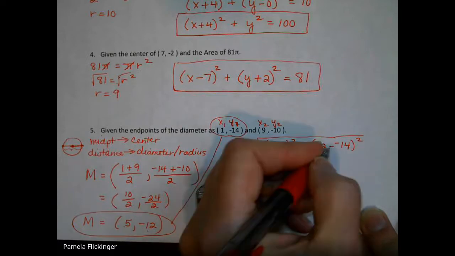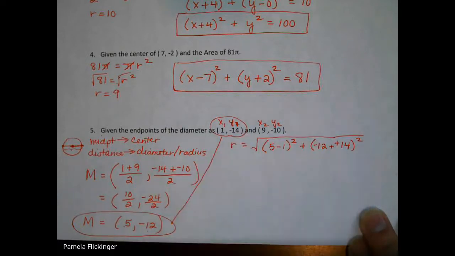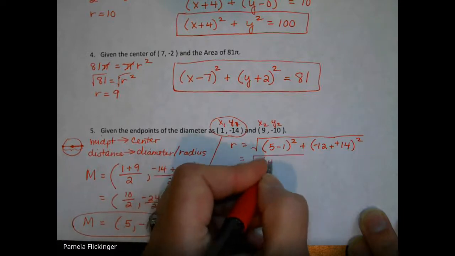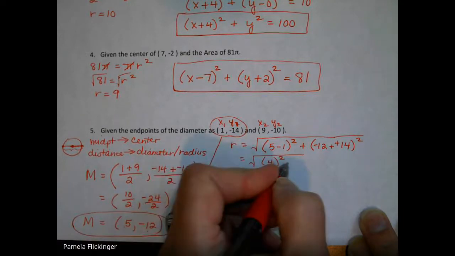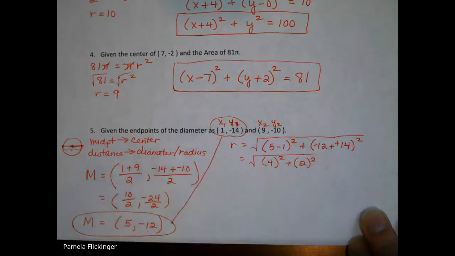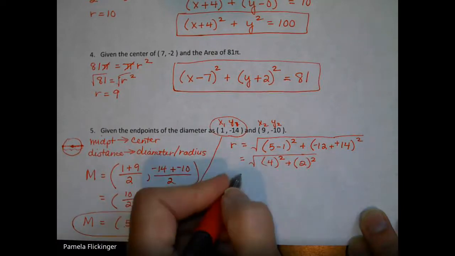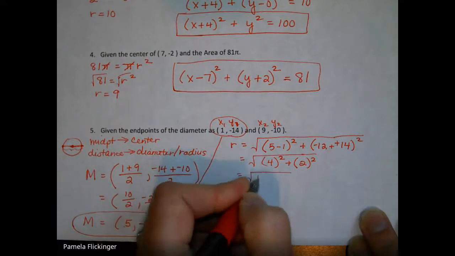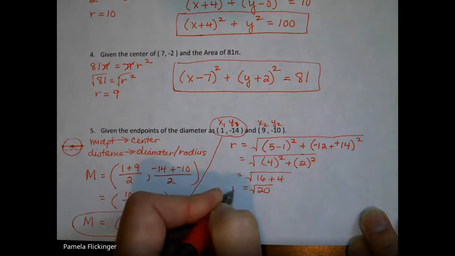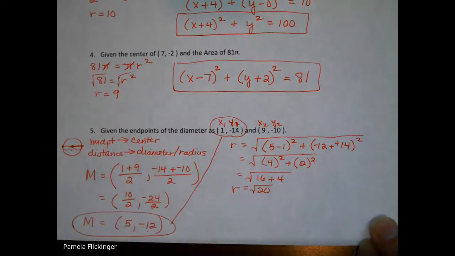This double negative is really going to be a positive. So I've got 4 in the first parenthesis to square, and a positive 2 in the second parenthesis to square. So we'll have 16 plus 4, which is the square root of 20. Now remember, you don't need to break that down. We just needed to know what it was.